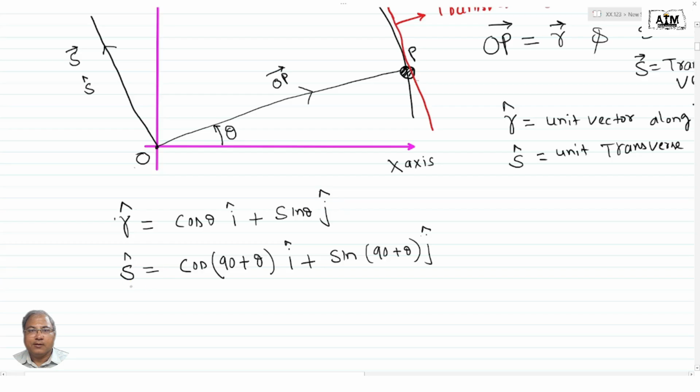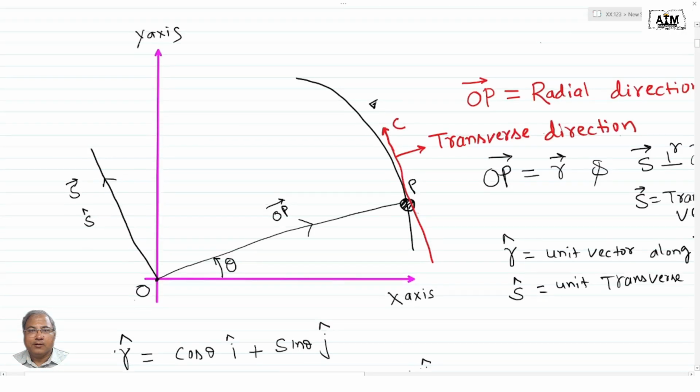And S cap is at 90 degrees, so S cap equals cos of (90 plus theta) I cap plus sin of (90 plus theta) J cap, which equals minus sin theta I cap plus cos theta J cap. So we got the expressions for R cap and S cap. In this discussion, R depends upon theta and theta depends upon t, as well as S depends upon theta and theta depends upon t.